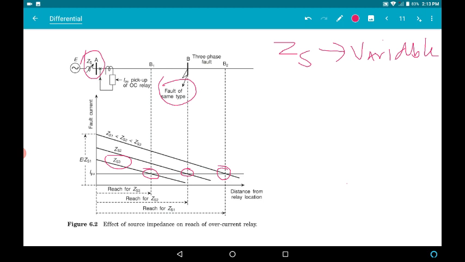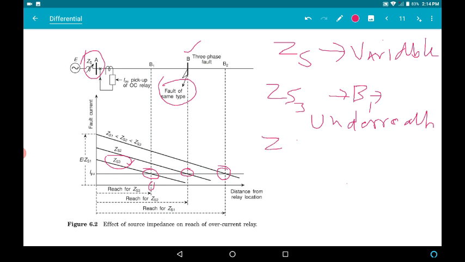So for impedance ZS3, the reach is only up to point B1. That means the relay is underreaching, because it is supposed to reach up to point B, but it is reaching only up to point B1.